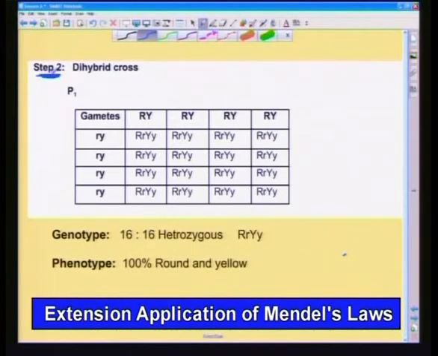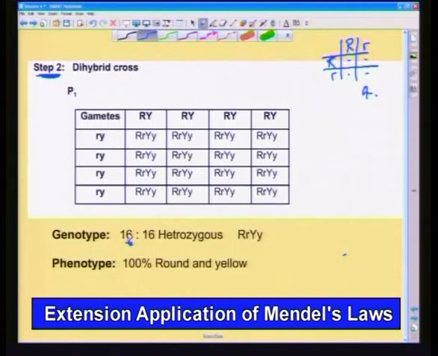Now, if you remember, if we only had one characteristic, we had here, let's say, capital R, small r, and capital R, small r. We had our 4 different types of combinations, so there were 4. Here, we have 16. There's 1, 2, 3, 4 times 1, 2, 3, 4. So we're looking at 16 different combinations.